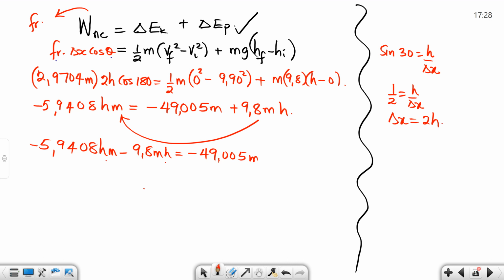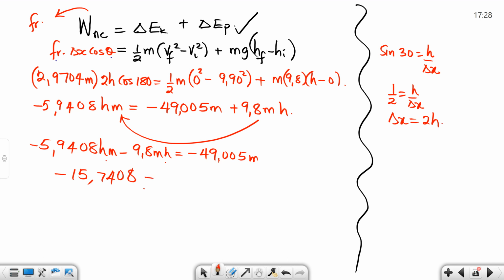It's making you mad because it's M. Do you notice these are like terms? Okay, what do we have? Negative 15.74. Okay. Let's just ignore the M. Okay, is this fine?